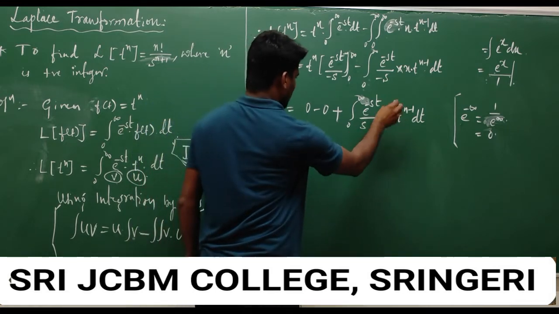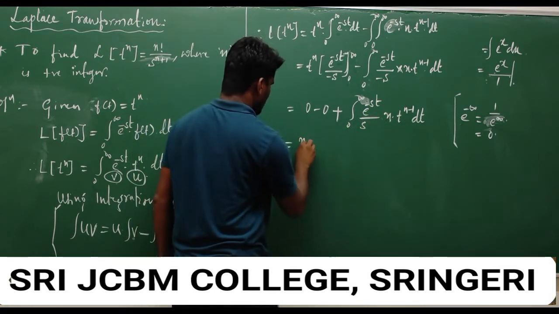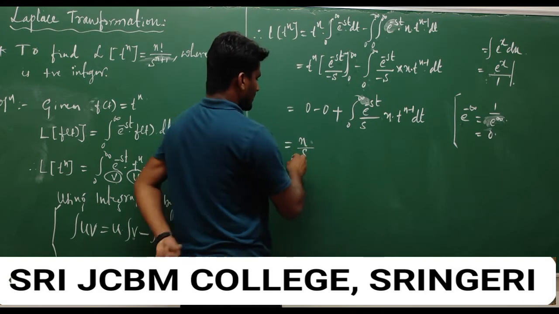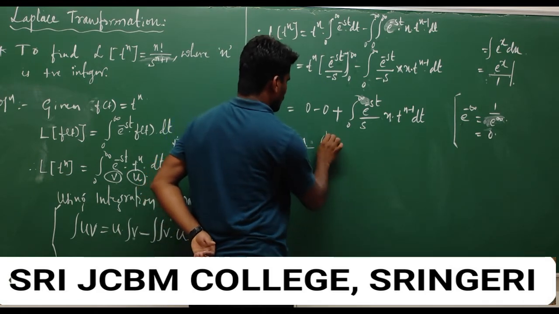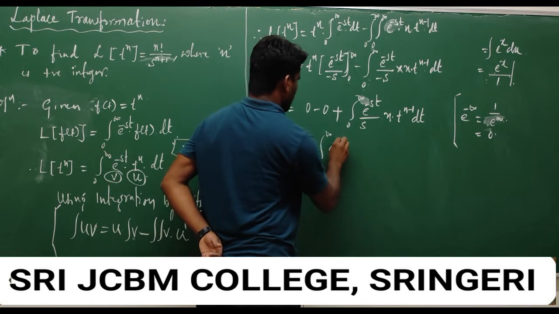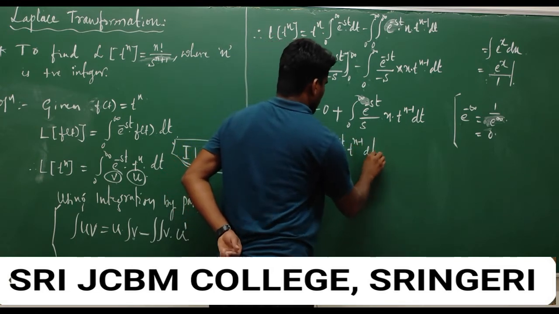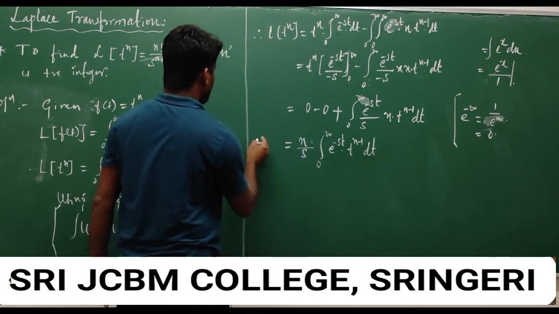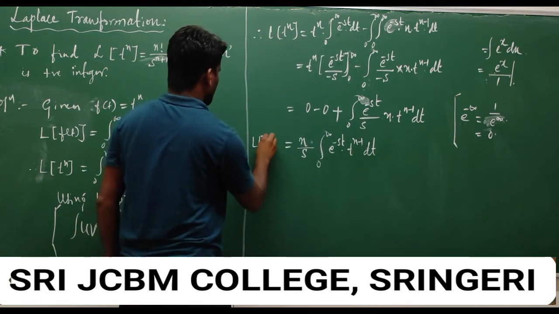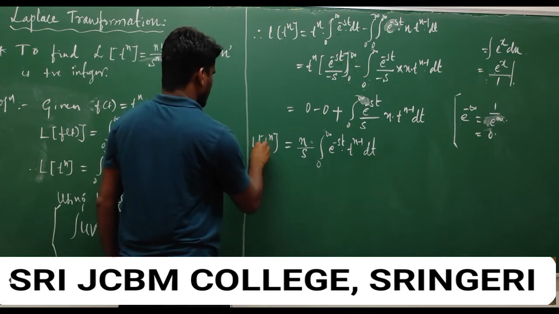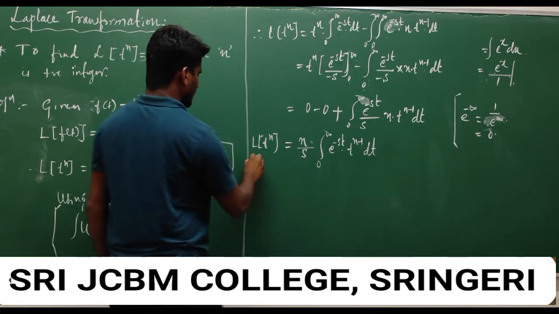I will take n and s, which are constants, outside: integration of 0 to infinity e to the power minus st and t to the power n minus 1 dt. So this is one of the conditions of the Laplace transform of t raised to power n.